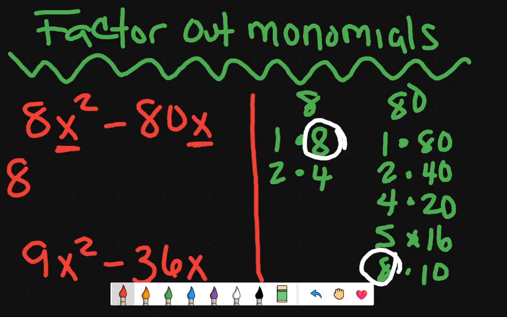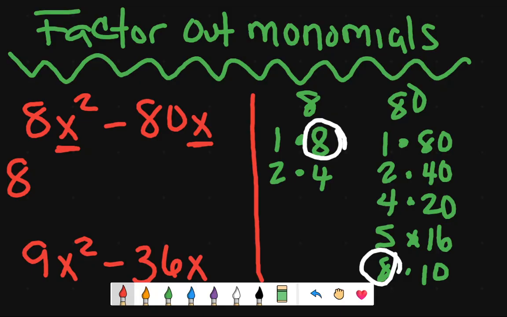What is the smallest power of x that they both have in common? 8x has an x squared, and 80x has an x to the first. So we can factor out at least one x between the two.